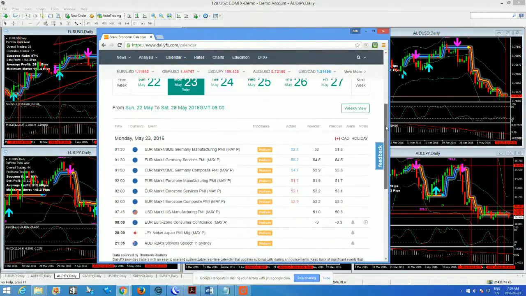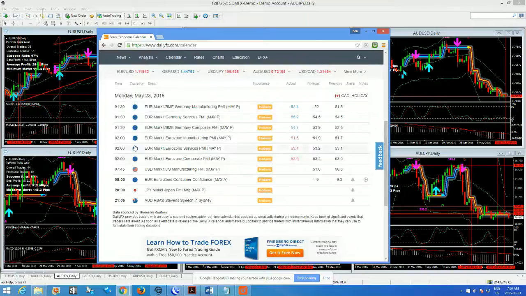So here we've got medium impact reports for Monday. So right now, US manufacturing PMI at 7:45 Eastern Standard Time. So that's coming up, and nothing else significant today. Nothing showing red here. These are all medium impact.